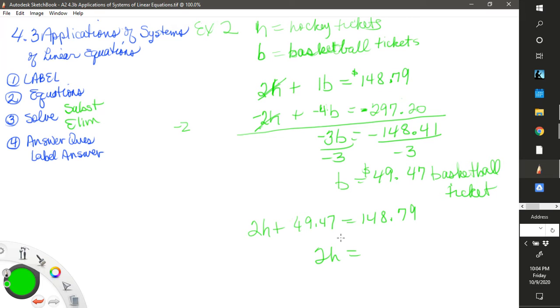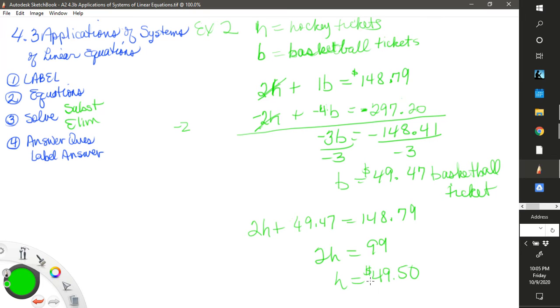So 148.79 minus 49.47, and I get $99. And so H is going to be $49.50.